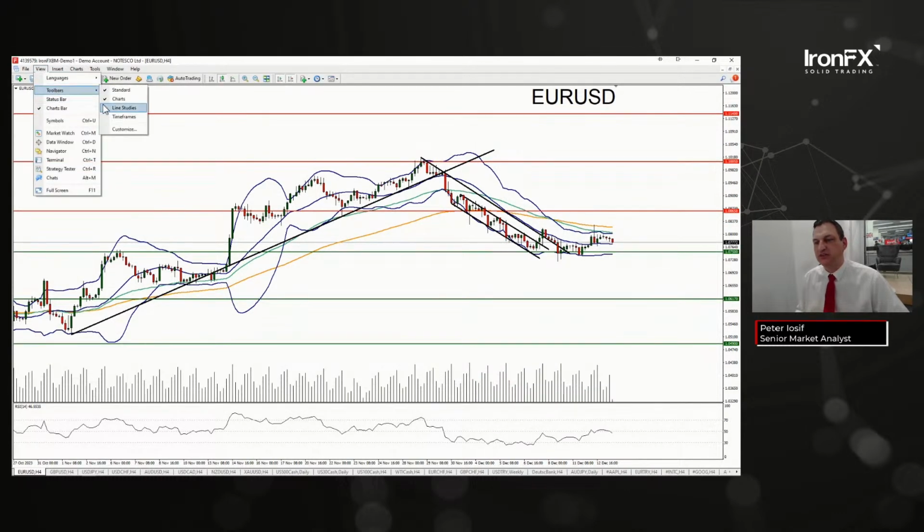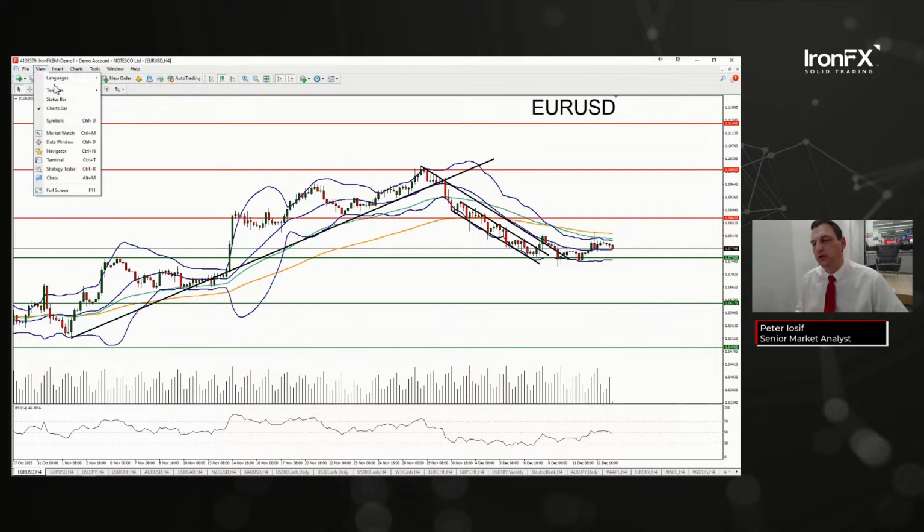We're going to be mixing fundamentals with technicals today, making a start with the Fed's interest rate decision, which is expected to be key in today's trading day. Now, the Fed's expected to remain on hold.